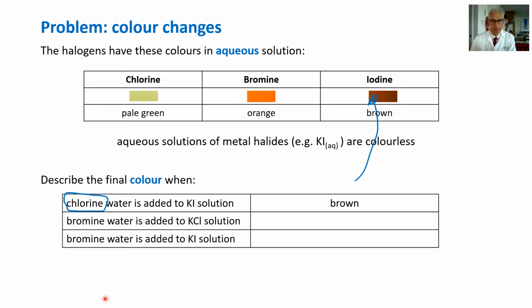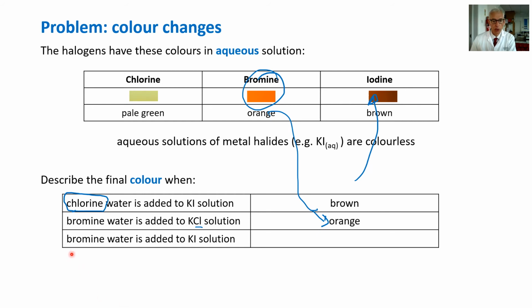If we look at the next one, bromine water added to potassium chloride solution, well, chlorine is more reactive than bromine, so no reaction will take place. So there's no change. So the original orange colour of bromine will be maintained. There will be no change to the original orange colour of bromine water, because chlorine is more reactive and therefore bromine will not displace chlorine from its compounded solution.